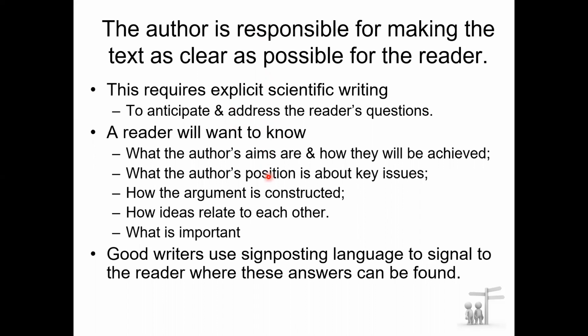The author's position on key issues, and that is voice, and I've spoken about voice in another recording. How the argument is constructed, the scientific argument, how ideas relate to each other within the text, and what is important according to the author. So good writers use the signposting language to signal to the reader where these answers can be found.